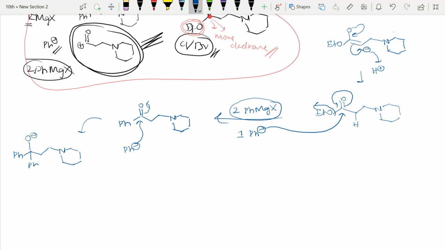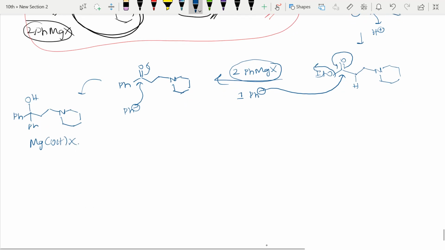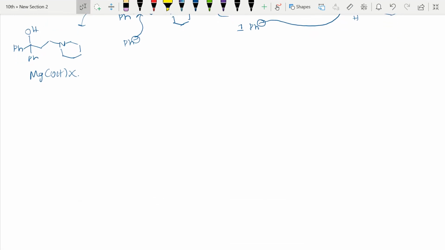MgX will be there, and if water is there, this MgX will be replaced and O negative will be replaced by just H, and it becomes Mg(OH)X. All these things you have studied, so I won't tell again and again. If I write directly, you should be able to understand it.